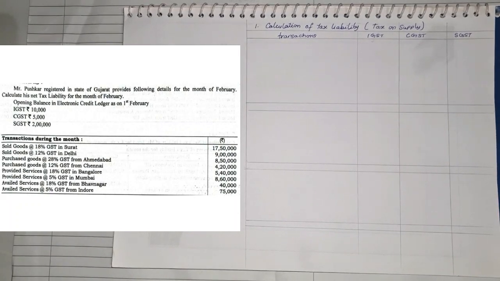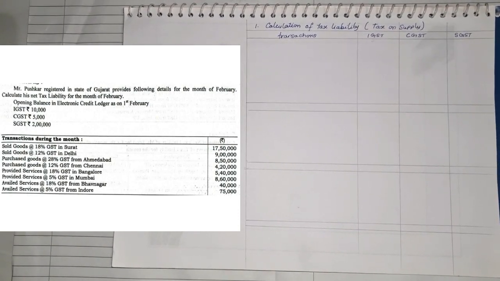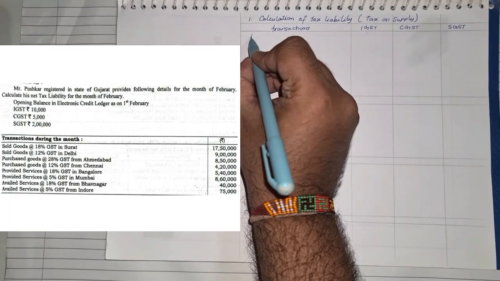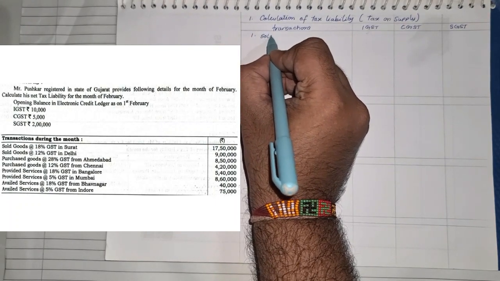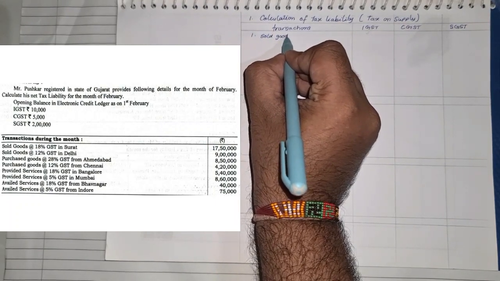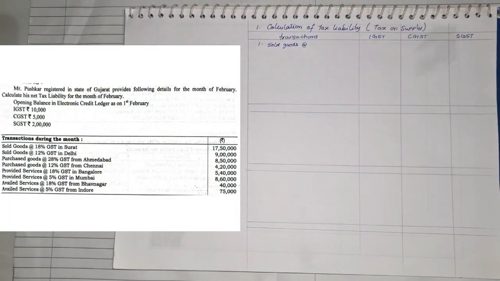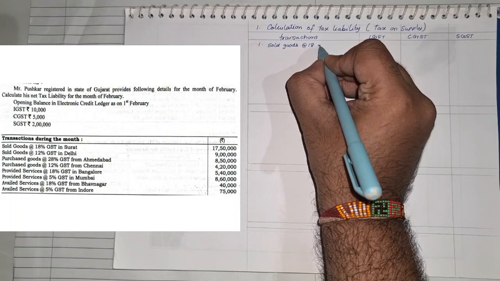The very first transaction is sold goods at 18% GST in Surat. Gujarat and Surat are the same state, so the tax will be charged in SGST and CGST form. So number one, we'll start. This will be sold goods at 18% in Surat.